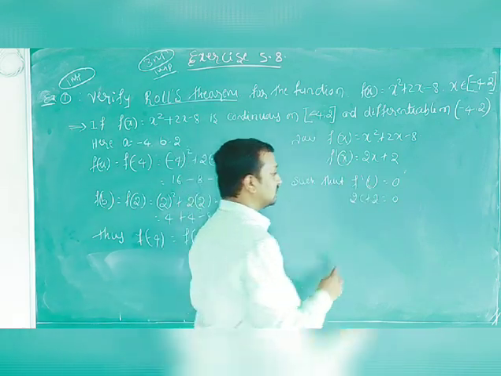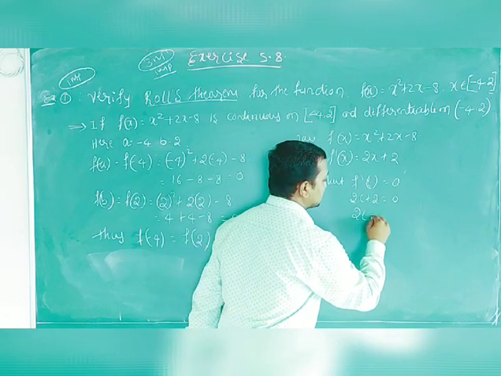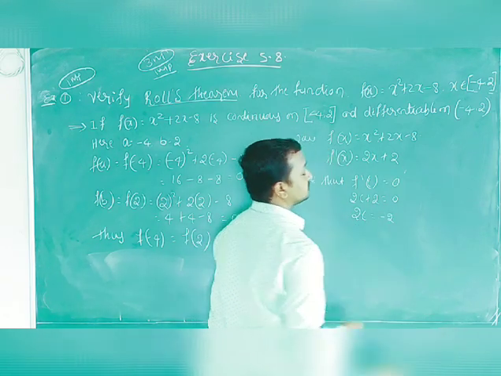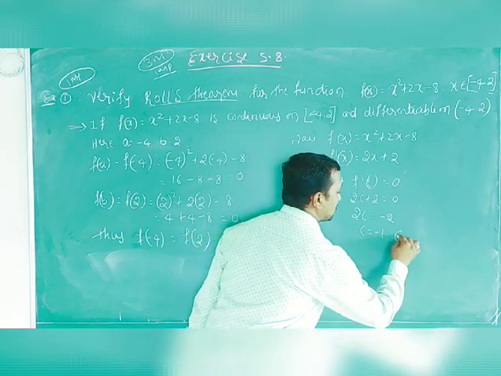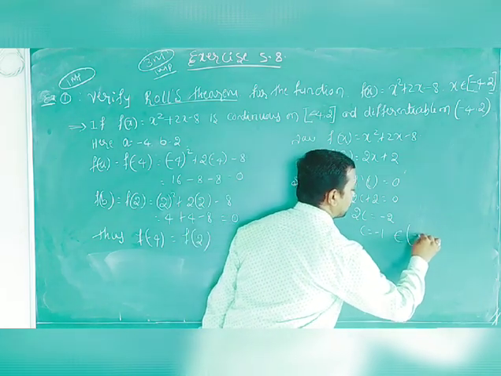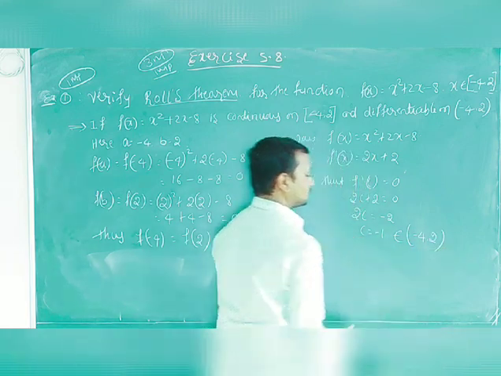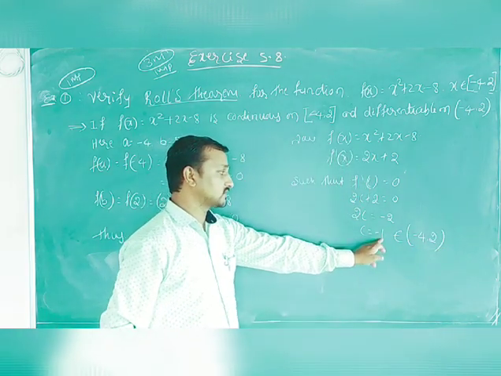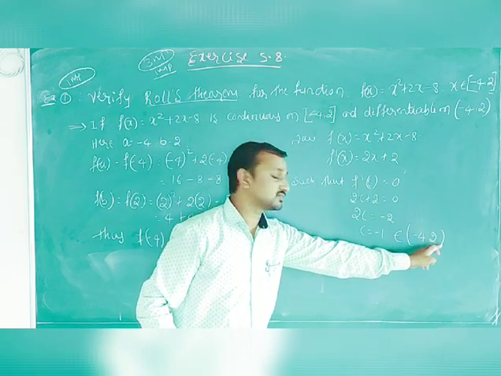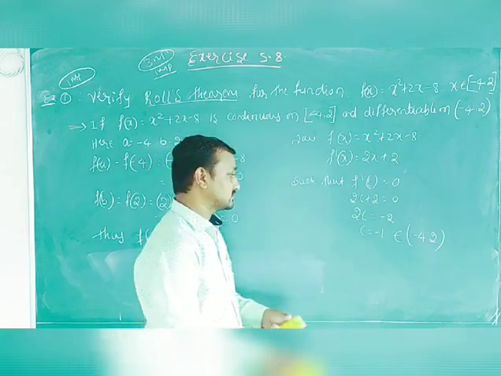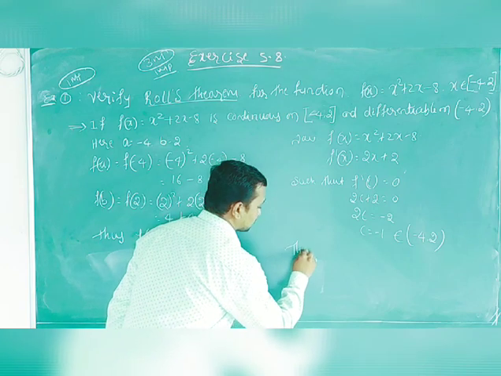Then 2c is equal to -2, so c is equal to -1. This belongs to the open interval (-4, 2). Obviously, -1 lies between -4 and 2. Thus, Rolle's theorem is verified.